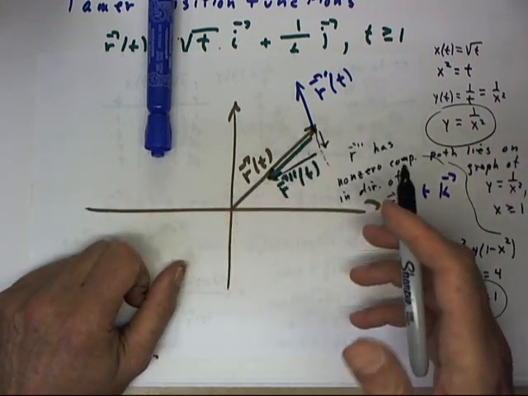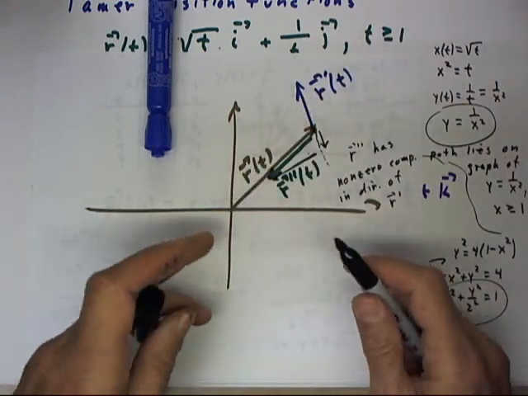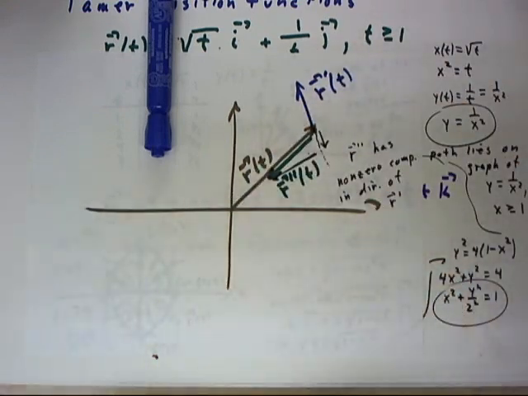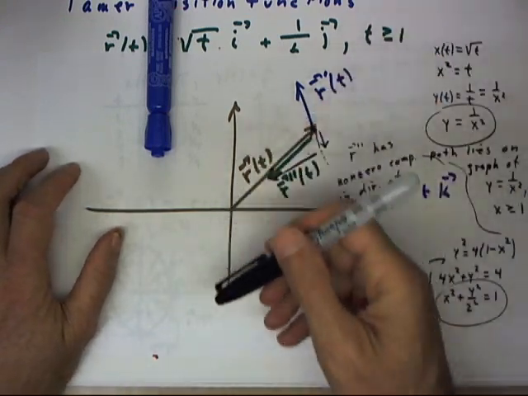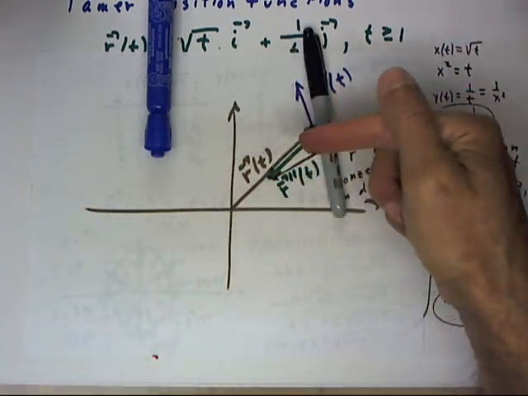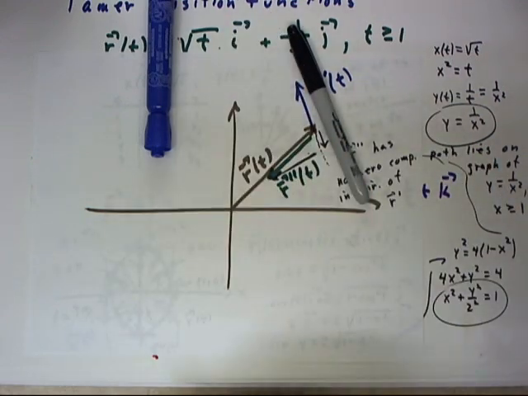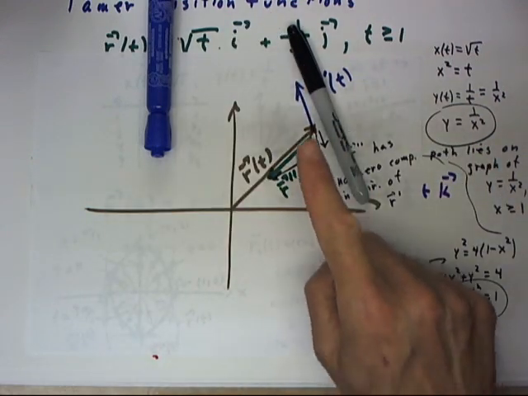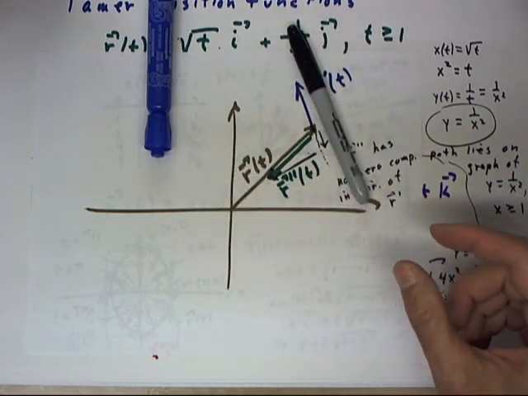Our acceleration has a component in the direction of r prime and a component in the direction perpendicular to r prime. The perpendicular component tends to accelerate us perpendicular to our motion. It doesn't change our speed, it changes our direction. The parallel component does accelerate us in our direction of motion, changing our speed.